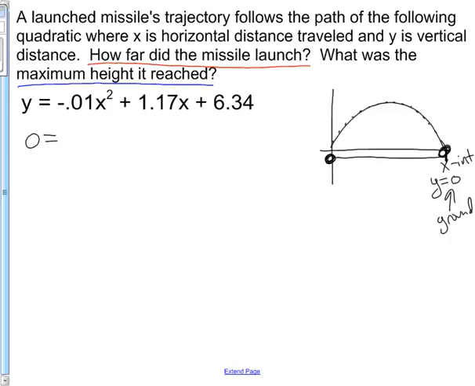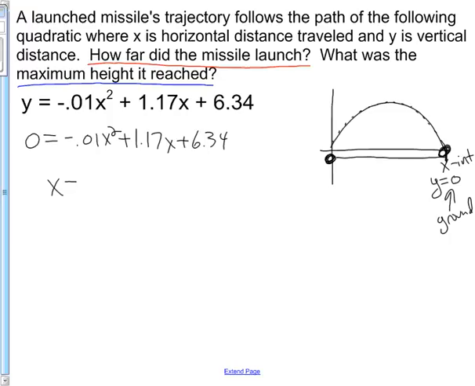So 0 equals negative 0.01 x squared plus 1.17 x plus 6.34. I would never try to factor this. I would never try to complete the square of this. I would just plug it into the quadratic formula and let my calculator handle it.